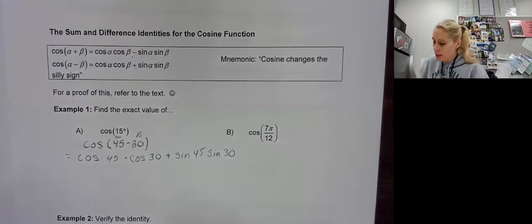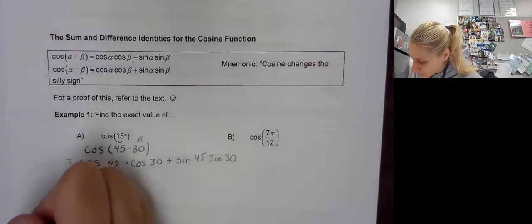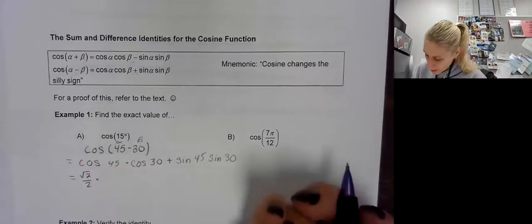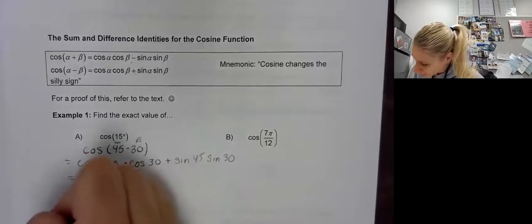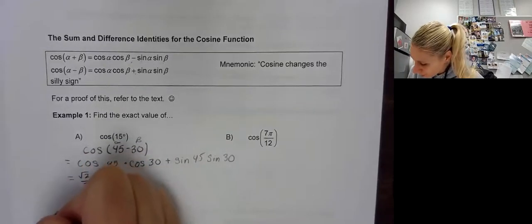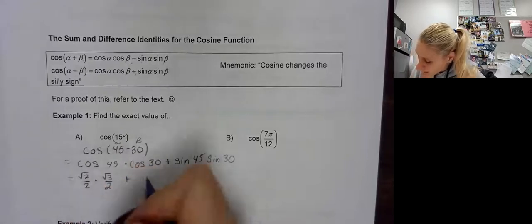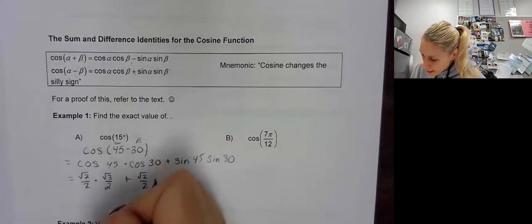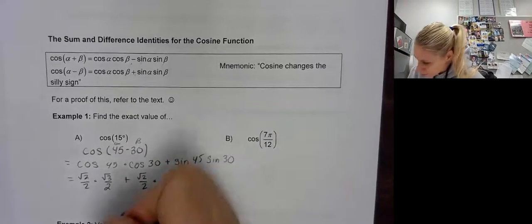Cosine of 45 is the square root of 2 over 2 times the cosine of 30, which is the square root of 3 over 2, plus sine of 45 is the square root of 2 over 2, and sine of 30 is 1/2.